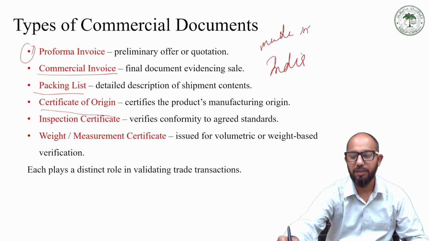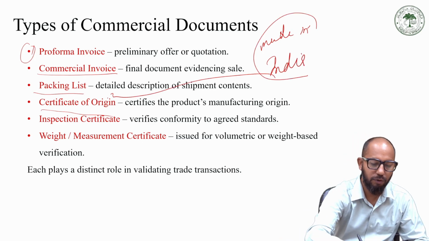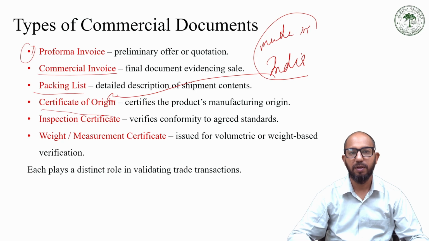Now, this label is known as country of origin, and this label cannot be written on the goods as it is. It needs to be verified with the certificate of origin. So, therefore, this is an important parameter because the certificate of origin is then used to decide about the tariffs to be imposed on the goods of a country.